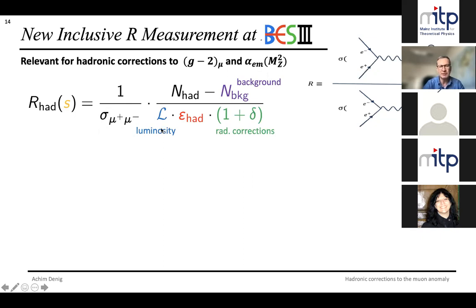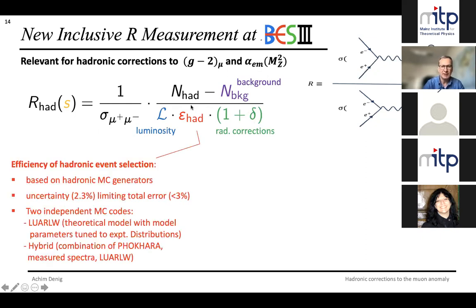One needs to take into account, of course, the luminosity, reduced background, and radiative corrections. But what one needs first of all is good knowledge of the efficiency of the event selection, and therefore a Monte Carlo generator is needed. A lot of work has gone into the generators. We have actually developed 2 Monte Carlo generators.